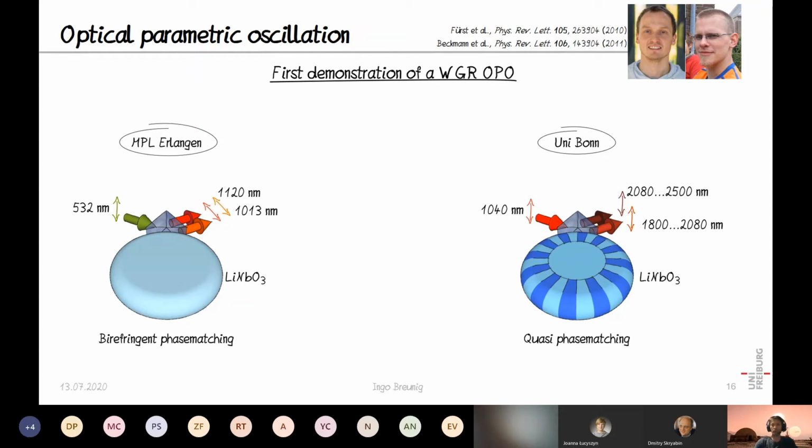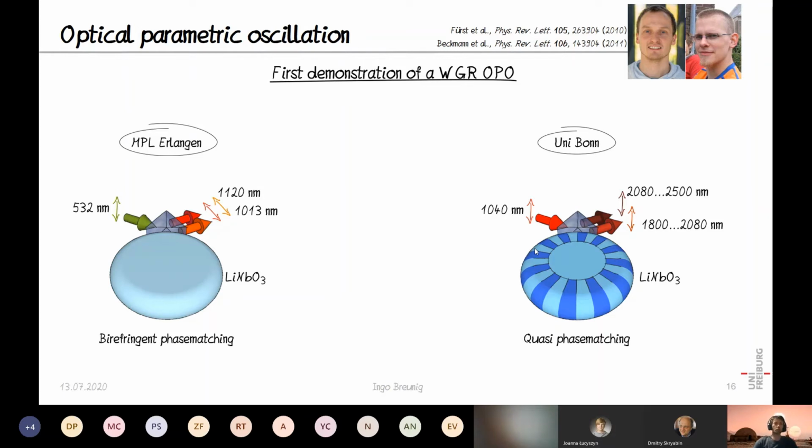So most probably the OPO was already running, and I told the PhD student not to put the detector because it makes no sense. So to all the PhD students out there, don't listen to your supervisor necessarily, right? So maybe we lost this race because of me.